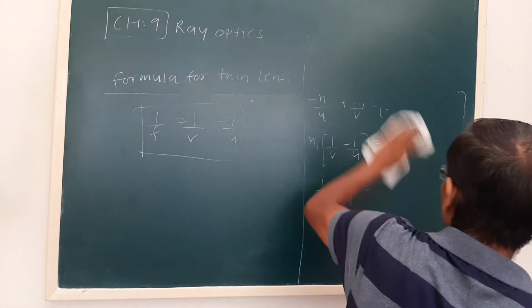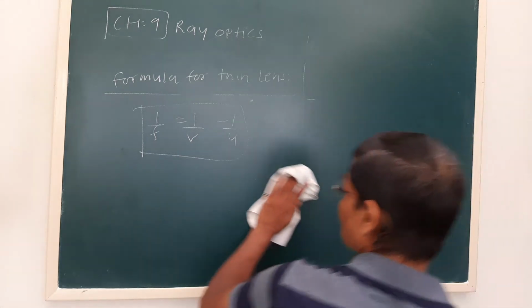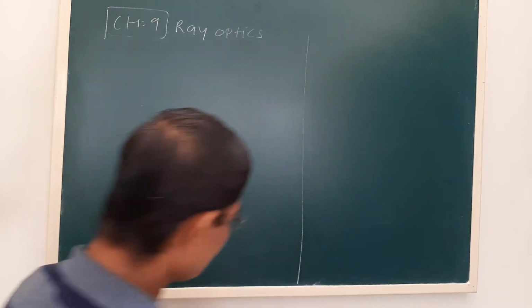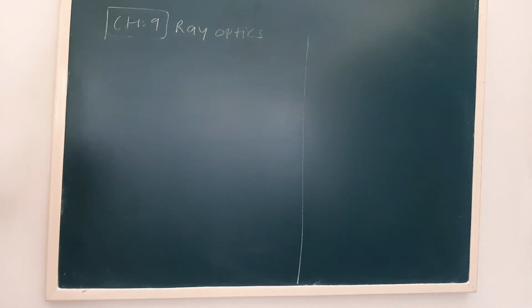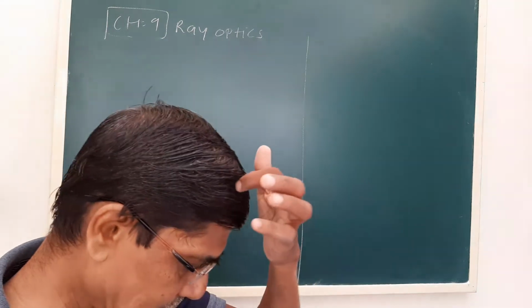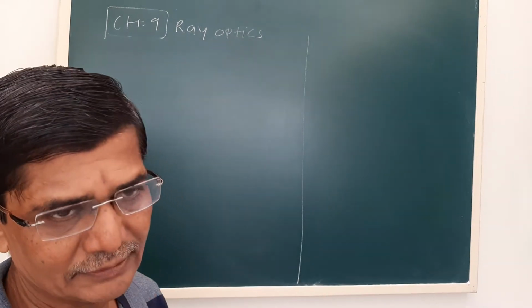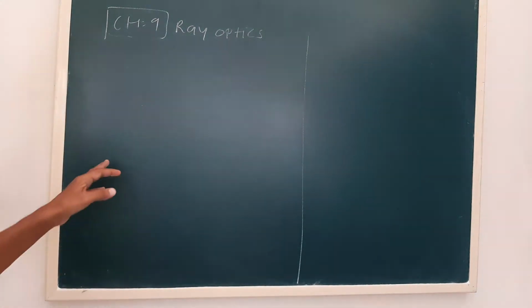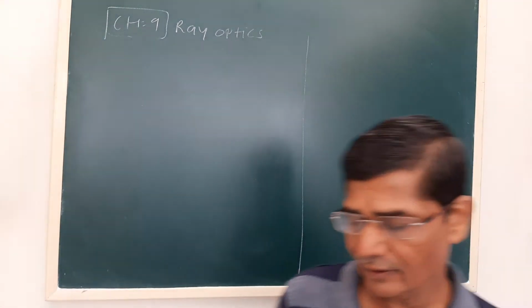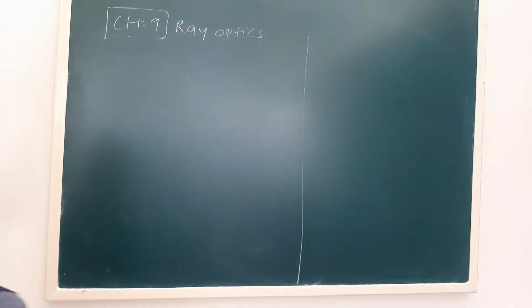Okay, now so far we have talked about reflection from a spherically curved surface, then refraction from a lens, that was a generalized formula, and finally we have come to the thin lens. Now generally we come across two types of thin lens.